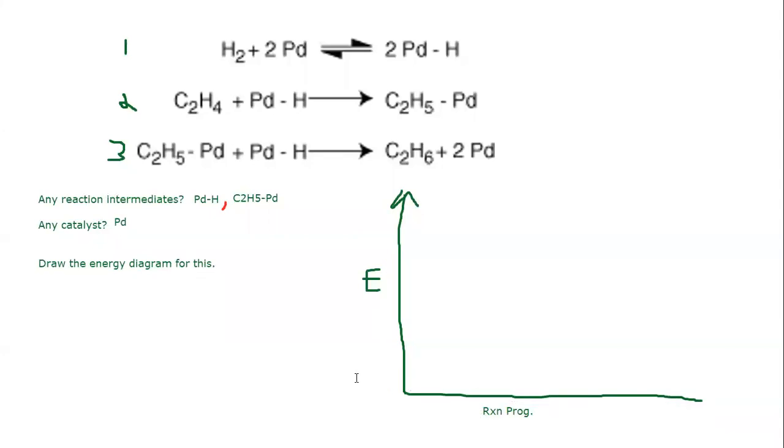Now, we've got to determine the slow step here, and for this to be a valid mechanism, there can be no reaction intermediates in the rate law, and there can't be any catalyst either. So technically, we don't know. But let's hypothesize here, and just for illustration purposes, let's say step 1 is the slow step. Well, no, not step 1, because it has the catalyst. We'll say step 2 is the slow step.